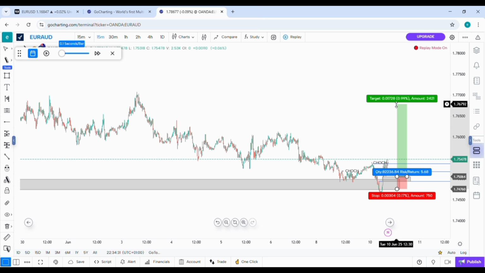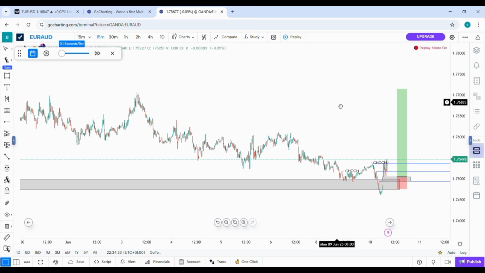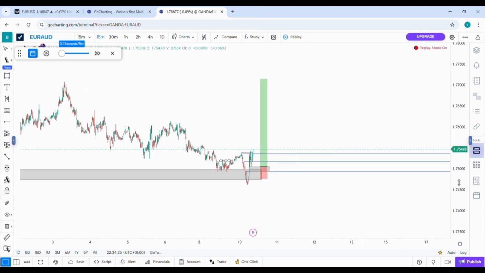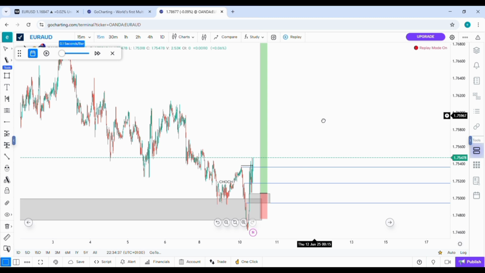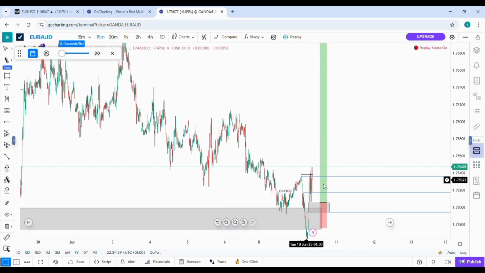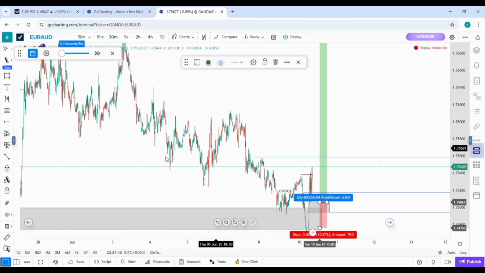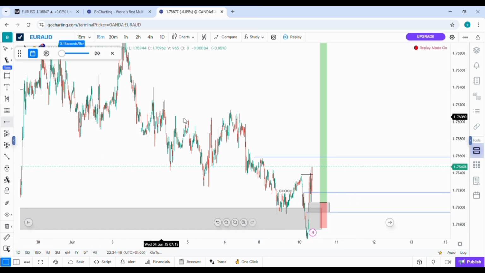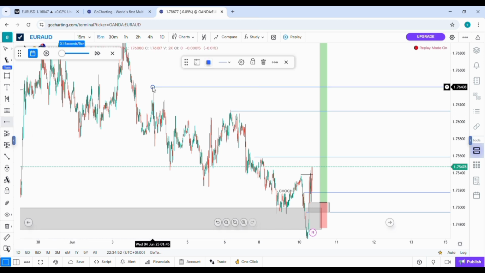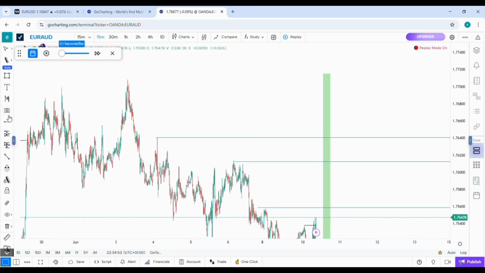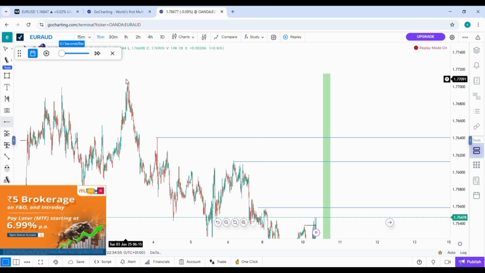But remember, we'll be working to our TP1, TP2, TP3, and also till our final TP. And how we are going to be marking all this thing out is from our structure. So this will mark as our TP1, 2, 3, final TP.